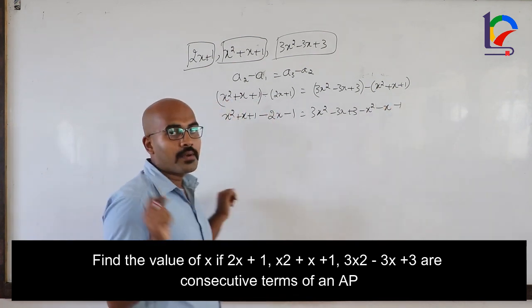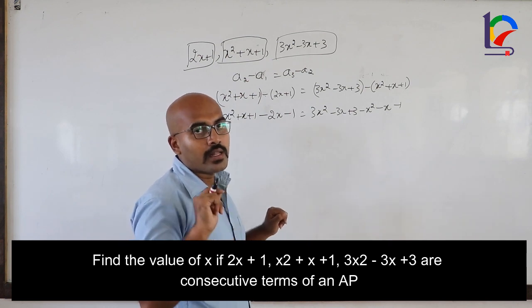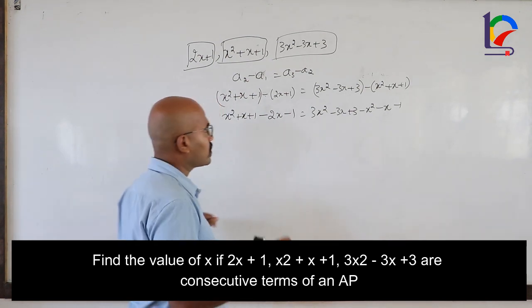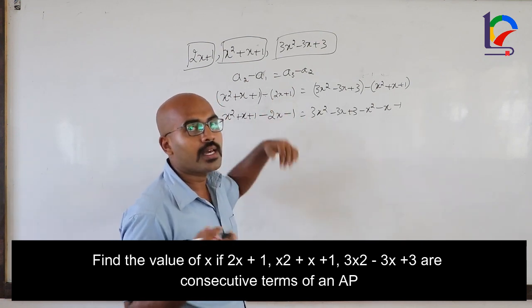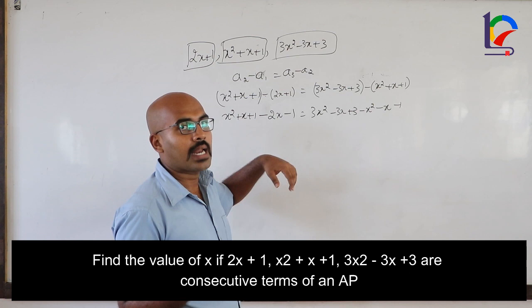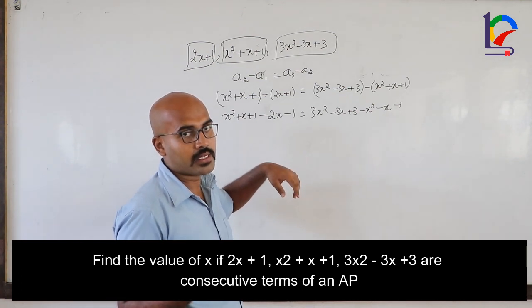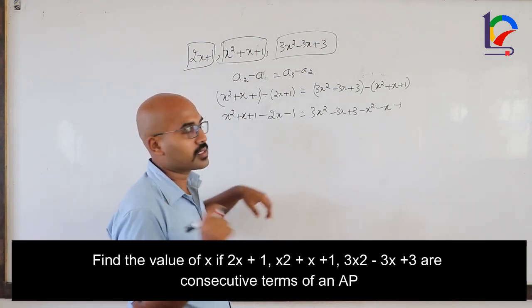So you need to be very careful when you are solving the negative sign and the brackets. First try to open up the brackets, then do the simplification, because there are chances that you might make a mistake. A small mistake also costs you.